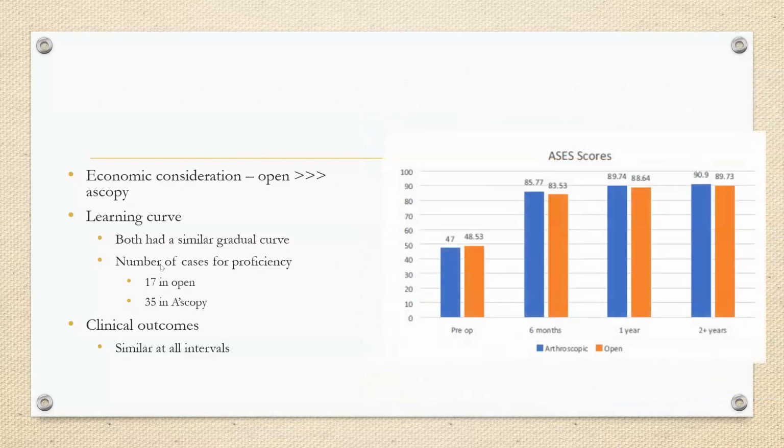With regards to clinical outcomes, with this meta-analysis they found that the outcomes were similar at all intervals, even in the early post-op period. Meaning to say, mini open cuff repairs had similar functional outcomes to arthroscopic procedures even at 6 months follow-up.